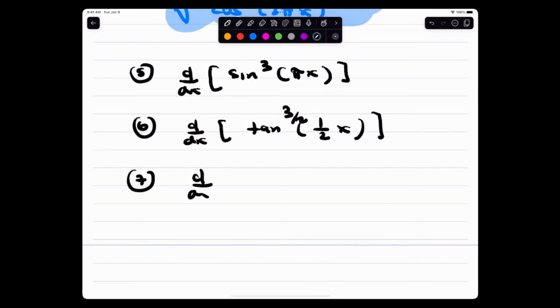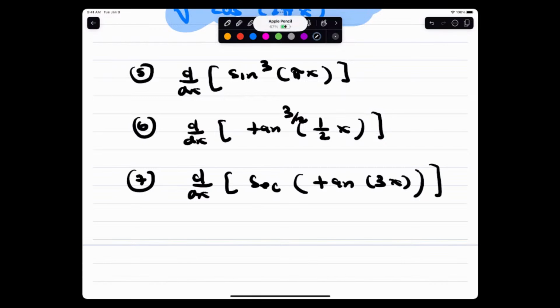Number 7, derivative of secant of tangent 3x. Actually, let me change that 3. Okay, just to compare and contrast: square root of x.